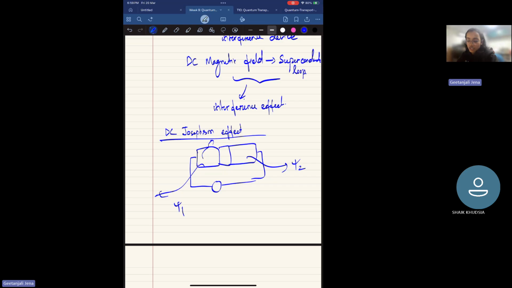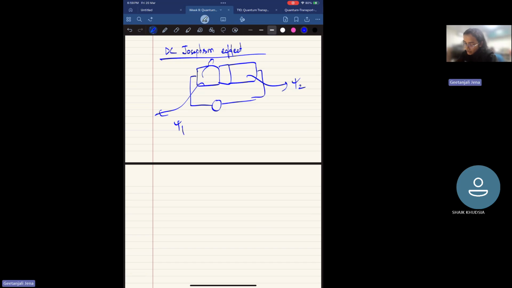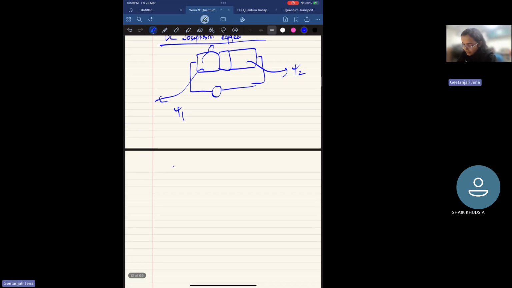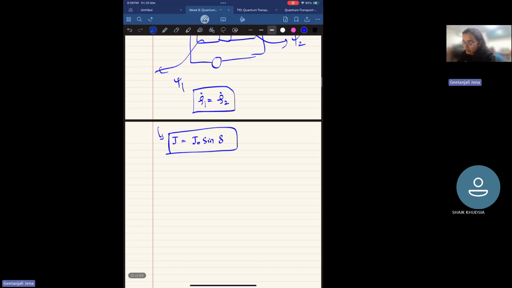Using the time-varying Schrodinger equation and equating the charge densities rho 1 and rho 2, we can calculate the current density, and we can write it as J0 sine delta.